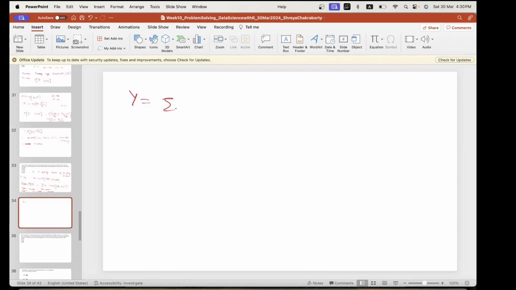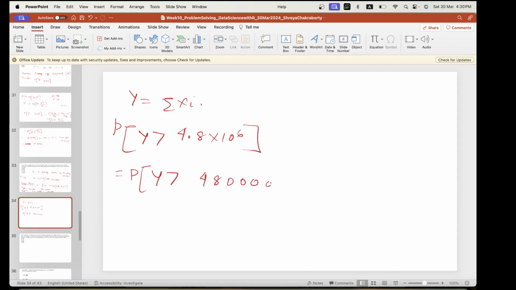So let Y equal summation Xi. We have to find the probability Y greater than 4.8 million, which means 4.8 into 10 to the power 6. This is the probability Y greater than 48,000,000.